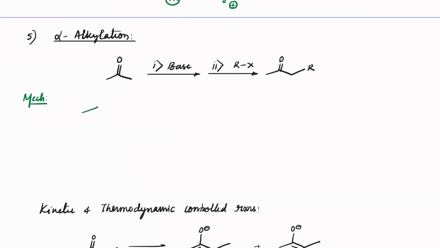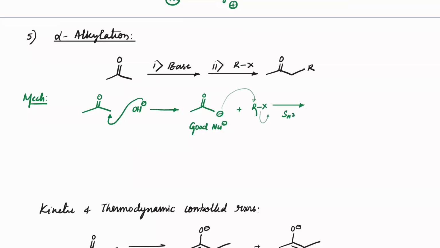the keto part here. When you react with some base like OH minus, it will extract the proton and get into an enolate ion. And this is a good or strong nucleophile here. So when you react with RX here via SN2 mechanism, it will convert into R here plus X minus here.